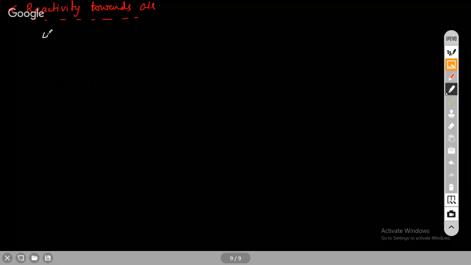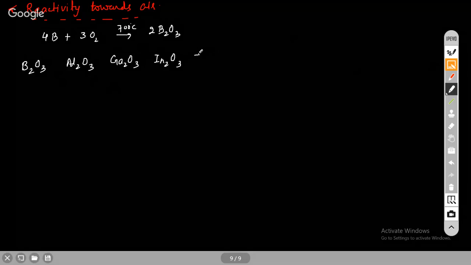Okay. You see the reaction: boron reacts with O2 at around 700 degrees Celsius. It forms B2O3, right? So other oxides, if I write down, it is B2O3, then Al2O3, then we have gallium Ga2O3, In2O3, and Tl2O3 type of oxide.